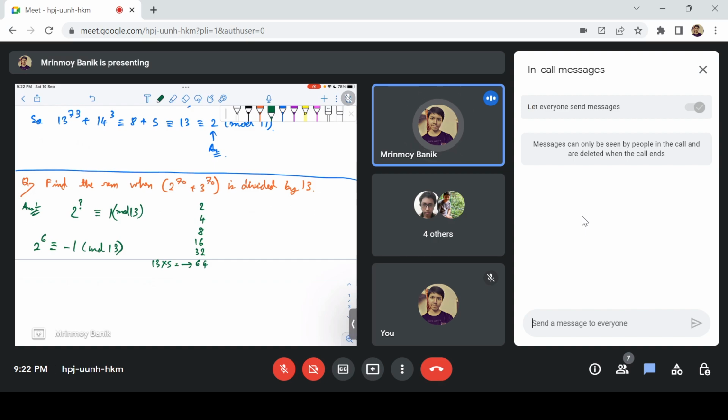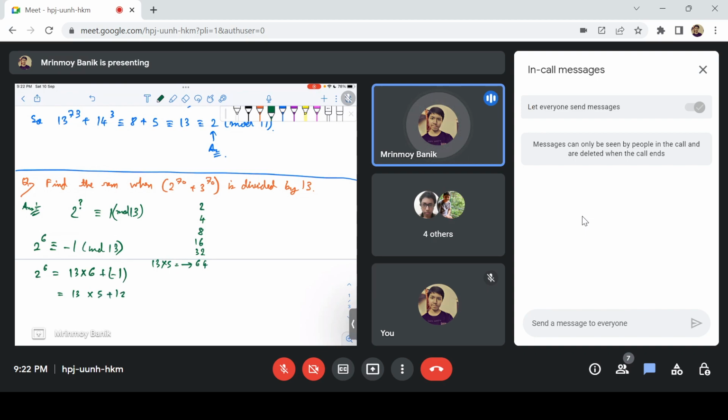since 2 power 6 can be written as 13 times 5 plus 12, sorry, 13 times 6 minus 1, or 13 times 5 plus 12.